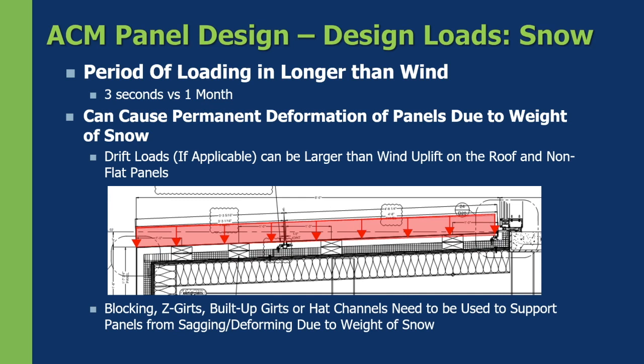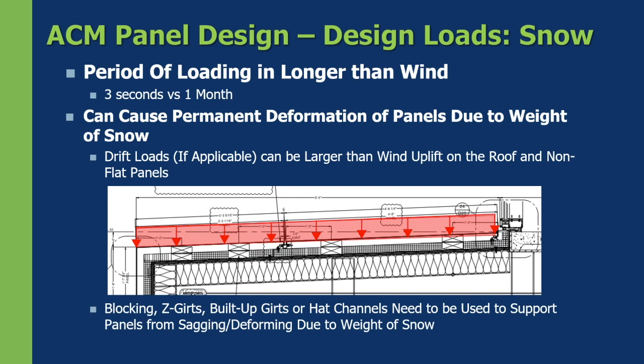And these details in these areas need to be addressed early on in the project. Blocking, built-up girts, Z-girts, hat channels can be used to support the panel to not allow it to deform in that way. And this is crucial because the name of the game with snow and rain is to get that snow and rain off of the structure onto the ground as quickly as possible.